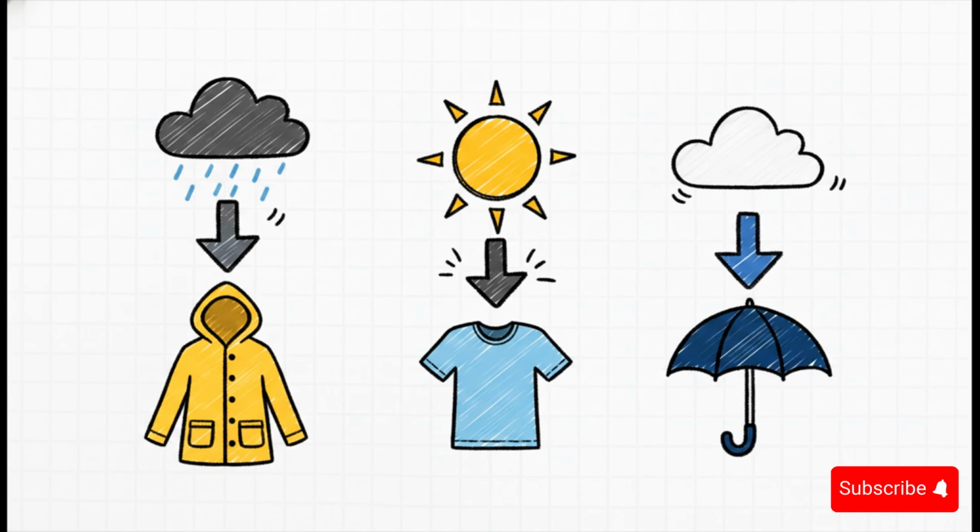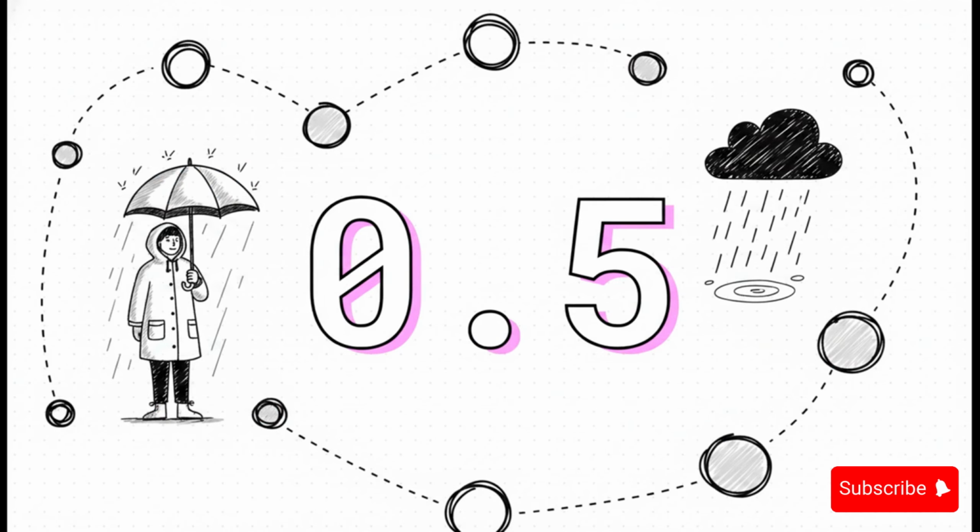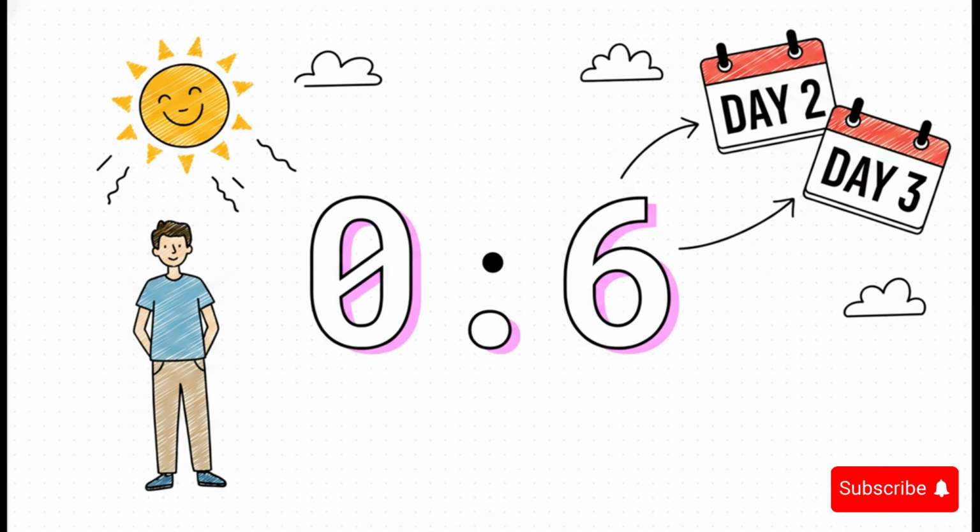And part 2 is about the clues. This is where we use those emission probabilities we just talked about. We calculate the chance of seeing those specific outfits given the weather on each day. Let's just pull a couple of those values from our table to see how it works. All right, so for day 1, we saw a raincoat, and we're saying it was rainy. We look at our table, and yep, that probability is 0.5. And for day 2, we saw normal clothes and we're saying it was sunny.